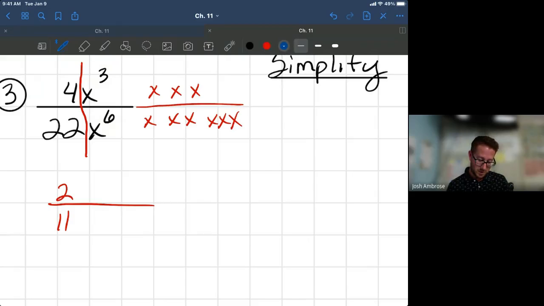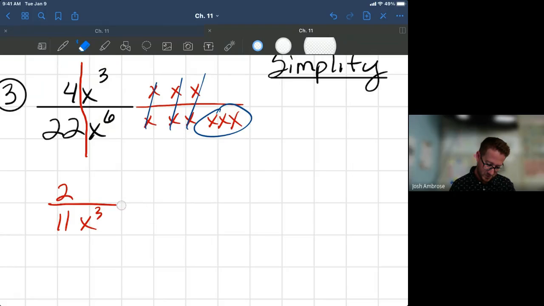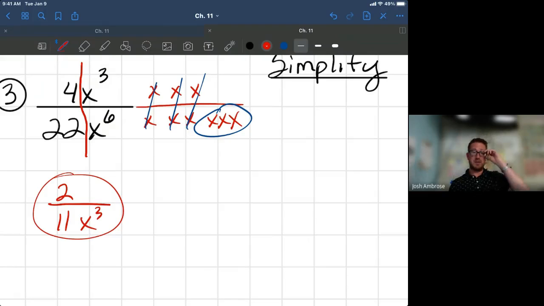So look at what we can cross out. That's what we can cross out, meaning every x on top just got eliminated. But we still have 3 x's left in the denominator, meaning it's x to the 3rd power. We can shorten that up. That is what it simplifies to.